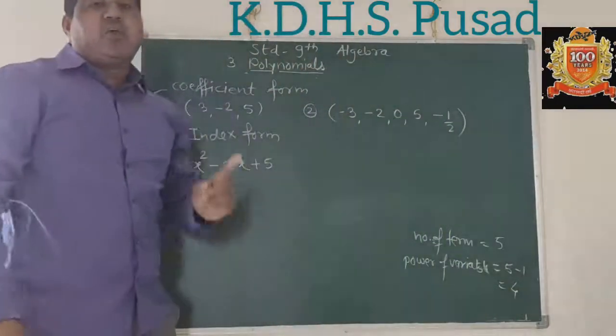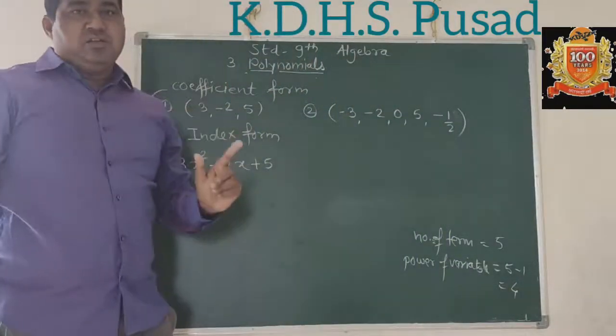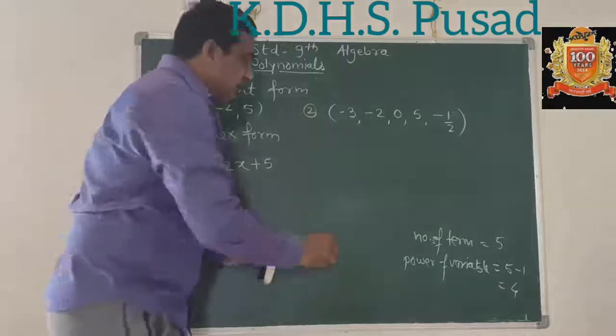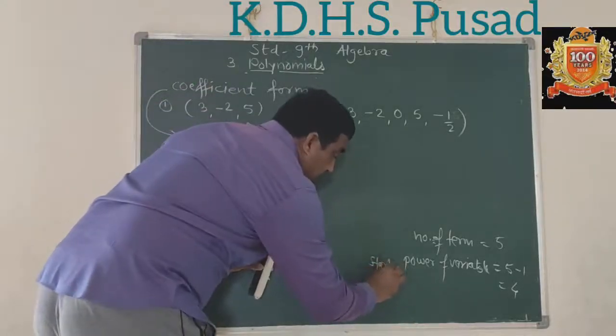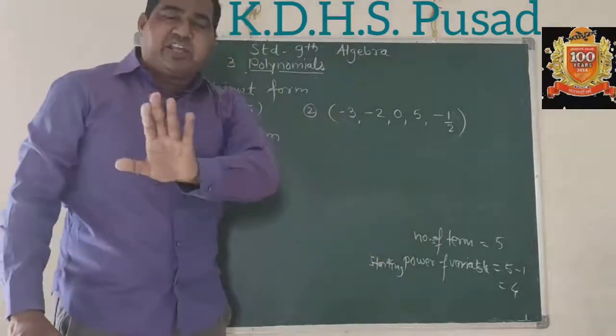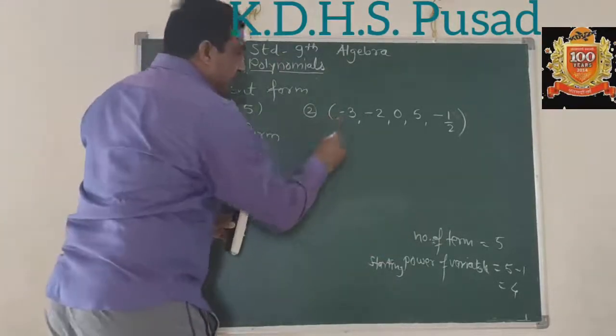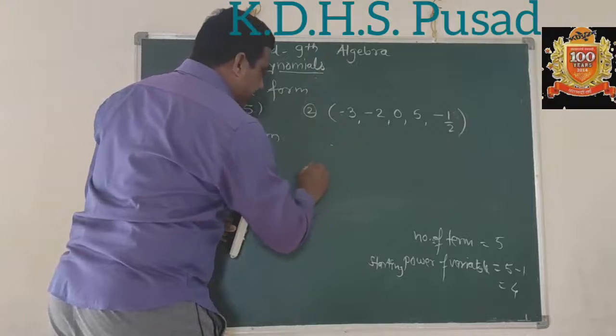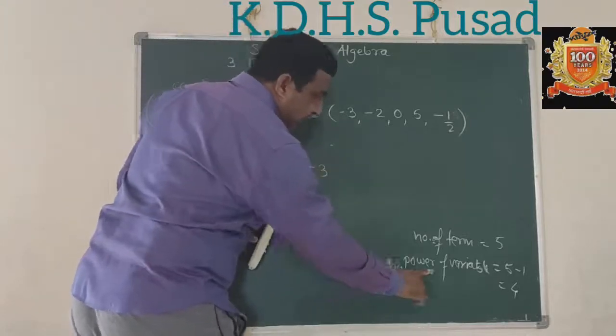So you have to start with power 4. Here we can say the starting power of the variable. Now you can use any variable. If not given, you can use any variable. So here write this coefficient minus 3 and then the starting power 4.